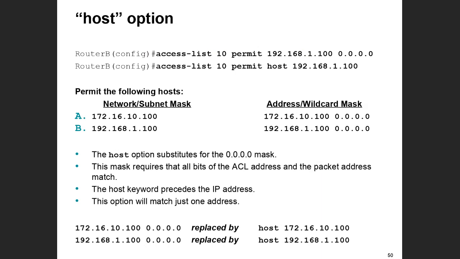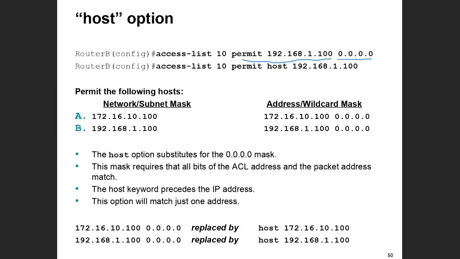Now there is another shorthand called the host option. Normally, let's say I'm only permitting the 192.168.1.100 device in a particular scenario network setup. And 0.0.0.0 means must be exactly that 192.168.1.100 to match that line.